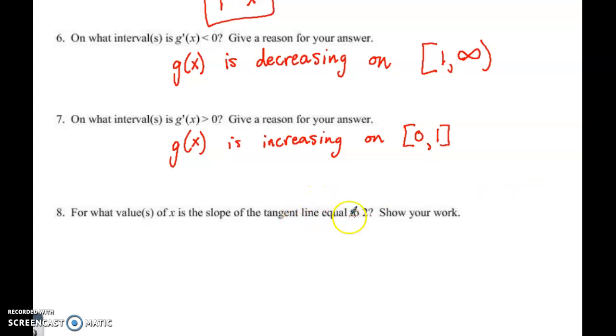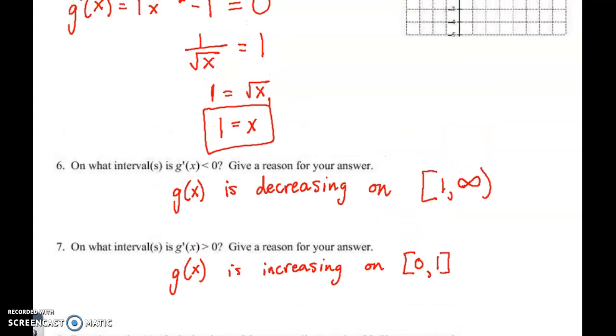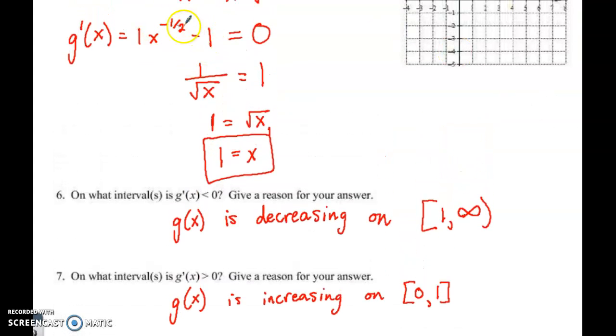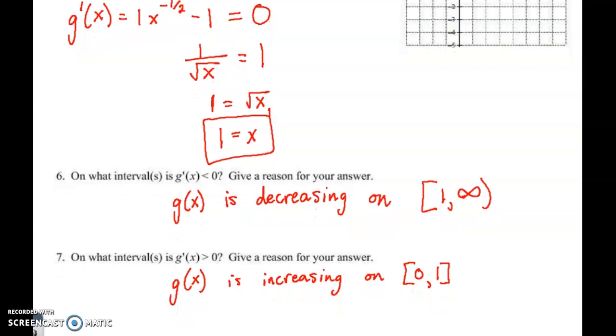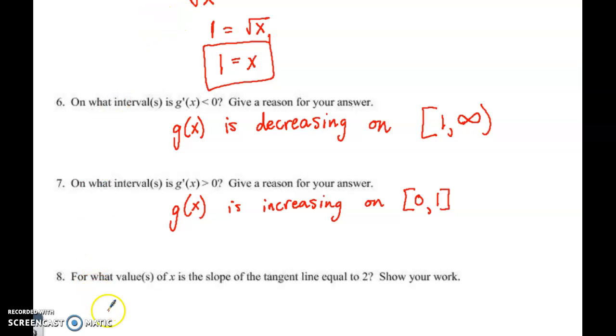What about where the slope of the tangent line is equal to 2? Well, we already did the back end work of this, and that was up here of finding the derivative. So as we look at that, I'm going to rewrite the derivative as how I mentioned x to the negative 1/2 power is the same as 1 over the square root of x.